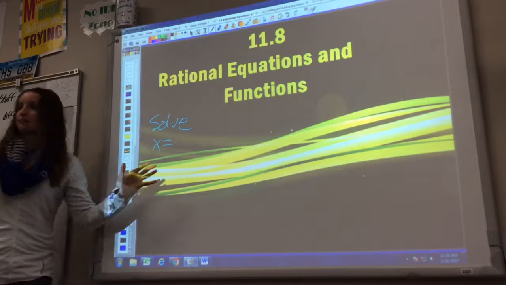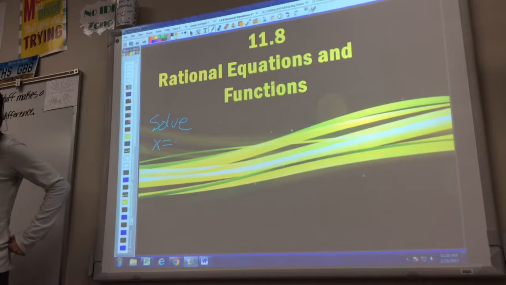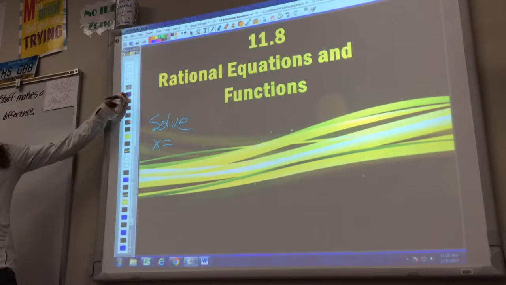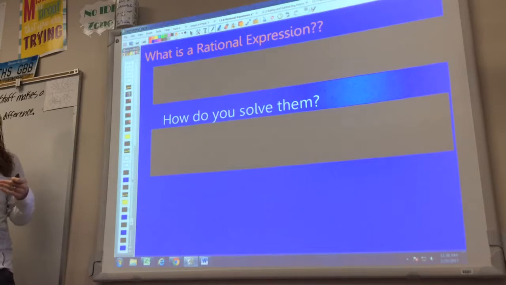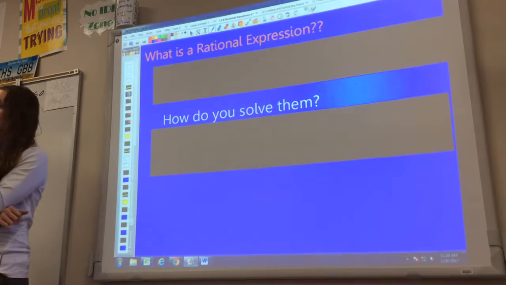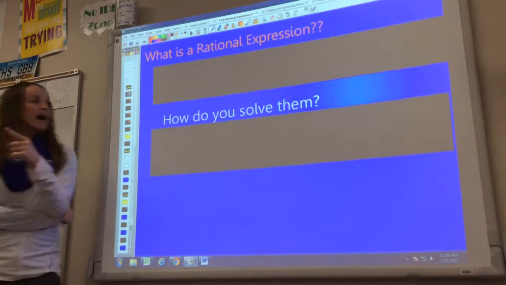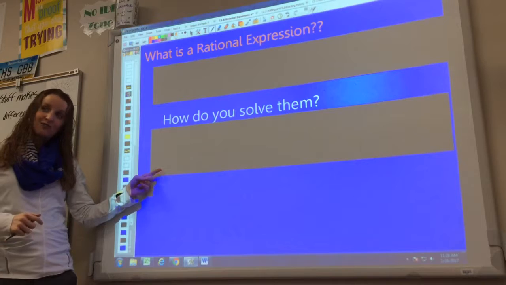X equals something, right? We want a value for the number. Now, these are going to look crazy at first, and that's why you're not going to get 25 of them a day, all right? So, to get us ready for this, rational expressions are just what? Rational numbers are what? Fractions. Fractions, thank you.